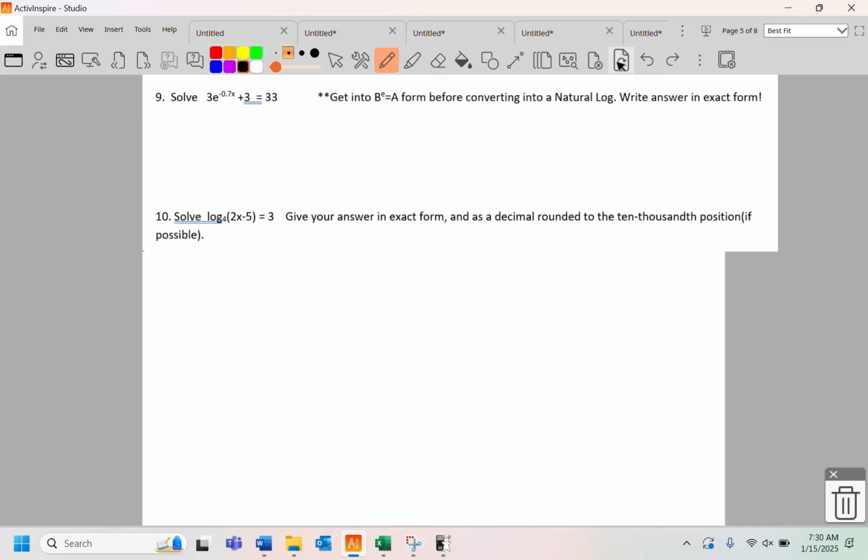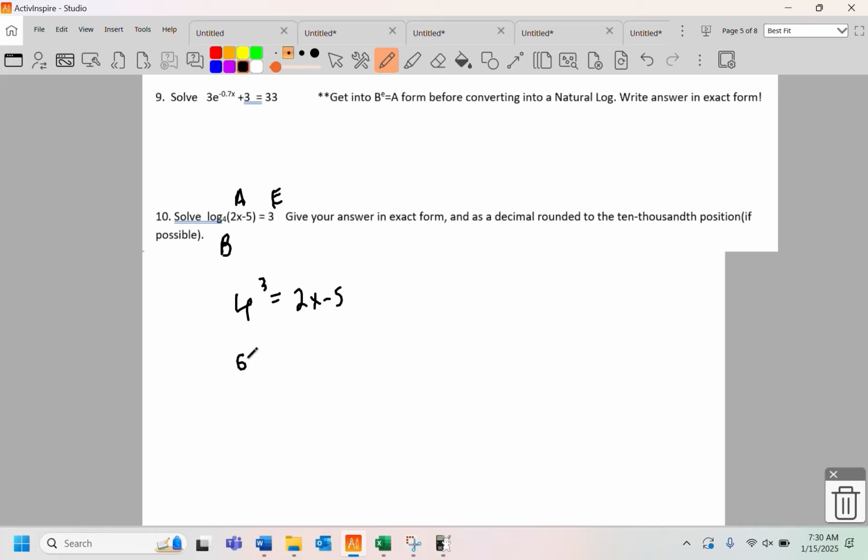Number 10, solve log base 4 of 2x minus 5 is 3. Give your answer in exact form and as a decimal, if needed. So this is my base, this is my argument, and this must be my exponent. So I'm going to have 4 cubed, we're doing a process called exponentiating here, equals 2x minus 5. We're going to do easy stuff. We're going to add 5.